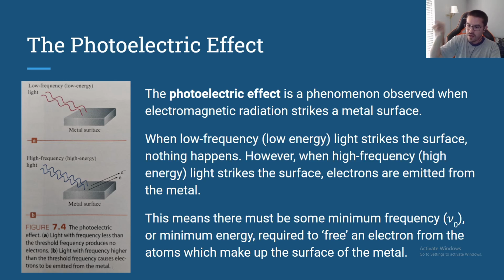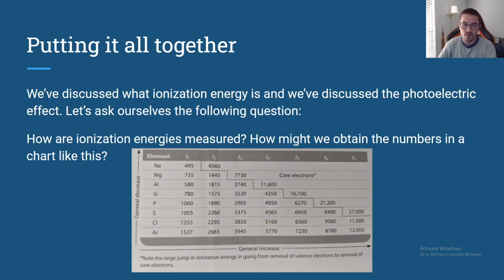This energy or this frequency that I'm using right here will cause electrons to leave, and not before that, because we have to stop the dial as soon as it happens for the first time. And that is essentially how ionization energies are measured.